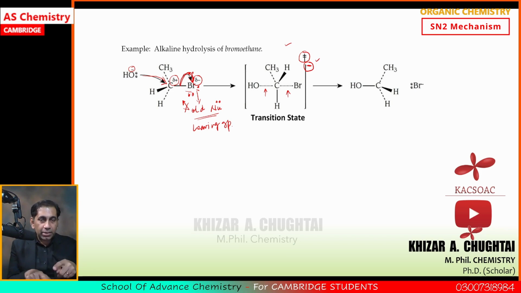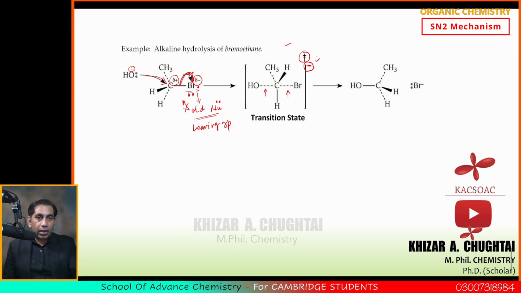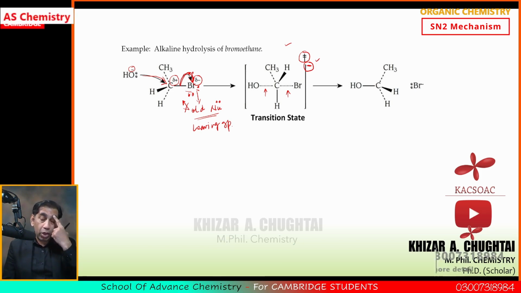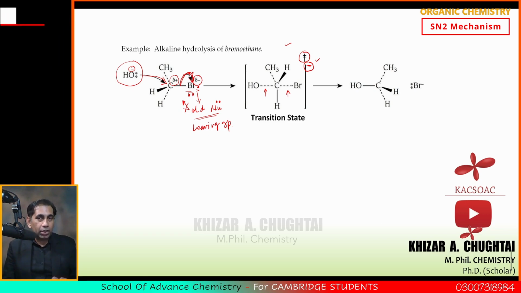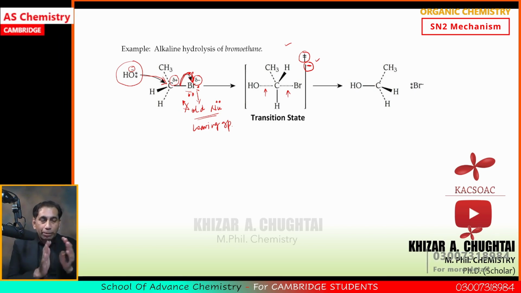You mark a bracket, like the bracket in the dot and cross formula of an ionic compound, and mark the negative charge traditionally on the topmost right-hand side of the bracket. So this OH negative ion and this molecule, called the substrate, the original organic molecule, come together. Substrate is the general name for any organic molecule that is under attack.